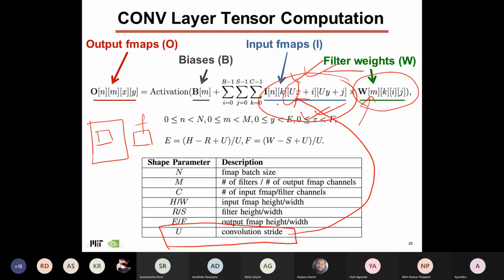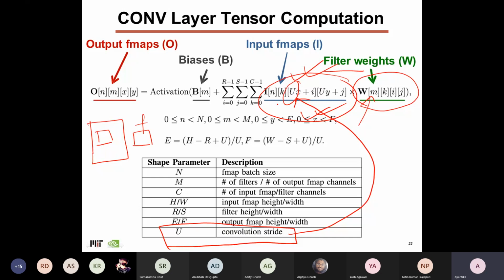Now you can understand that for one layer, when you are considering one filter to input value multiplication, that is one matrix multiplication, and that will be governed by the height and the width of the filter you are considering.